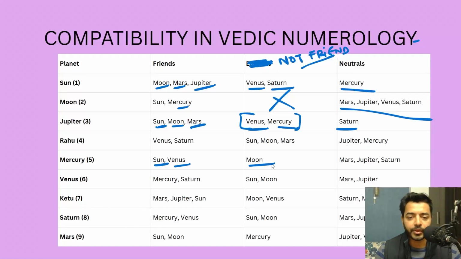Let's say your Mercury is strong and you are into stock marketing and stock broking, right? What is that one thing that makes you unstable? It's always the Moon. If your mind is unstable, then you will not be able to earn any money through stocks. And so we say Moon is a not friend to Mercury, right? Everything else is neutral.